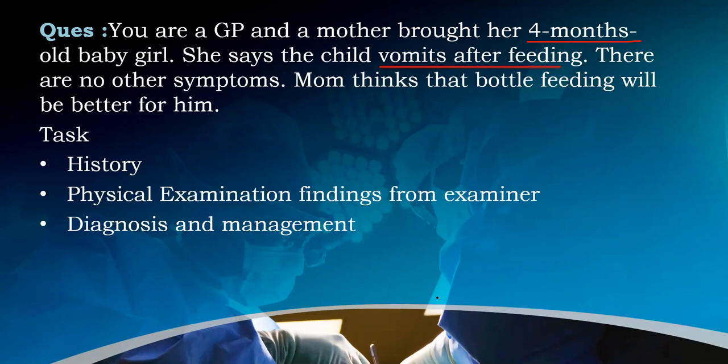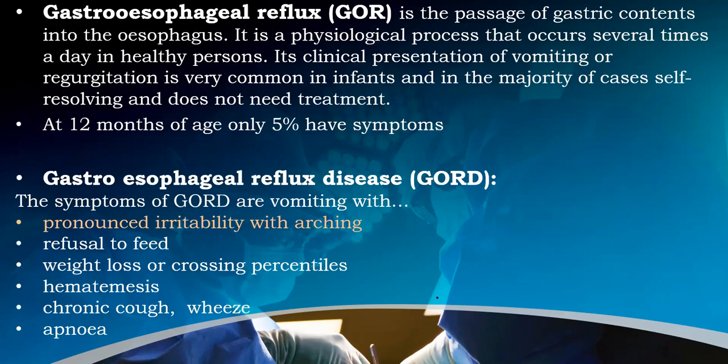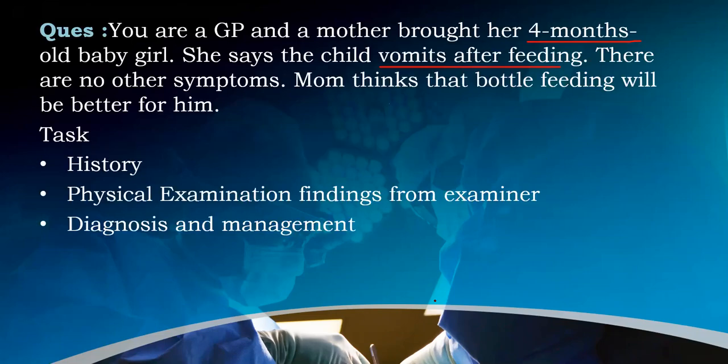So you have got a child who is 4-month-old and vomiting after feeding. So again, go for the all question. Now in here, I'm not going to discuss the history again because we already know what history we are going to ask. So in the history, mainly what you will get in gastroesophageal reflux disease is that the child will have vomiting after feeding. Most of the time those are not forceful or projectile, but sometimes they can be forceful.